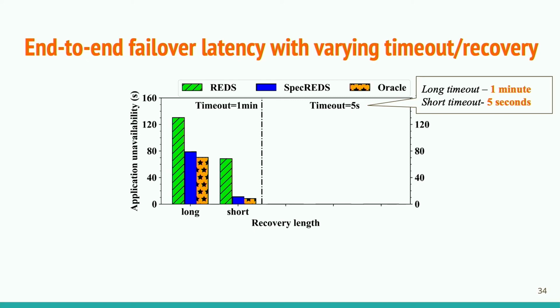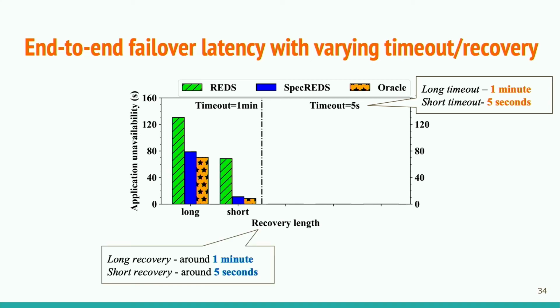And just to clarify, this timeout is only for REDs because SpecReds and Oracle do not need to use a timeout. On the x-axis is the recovery length. We also use 1 minute for long recovery and 5 seconds for short recovery. And on the y-axis is the failover latency, which is a simple simulation by adding timeout and recovery together.